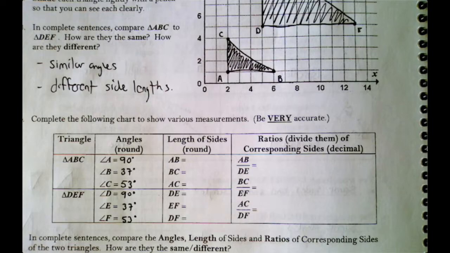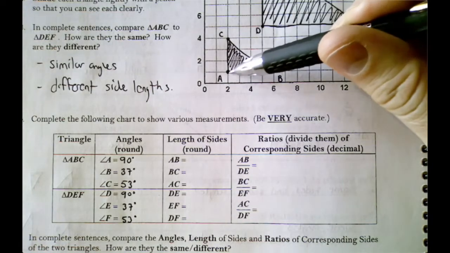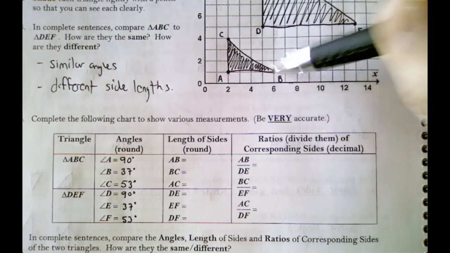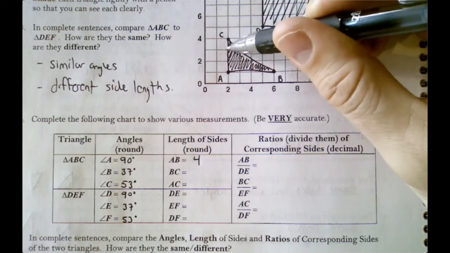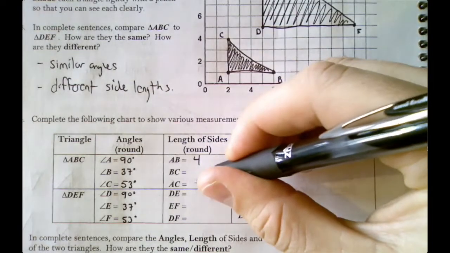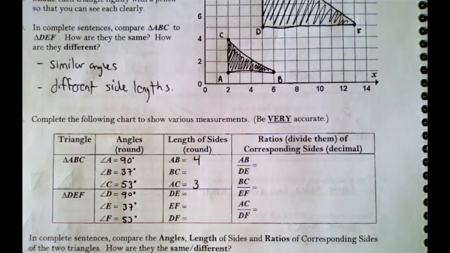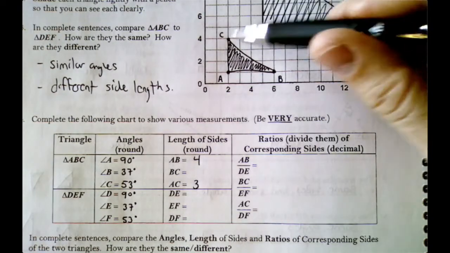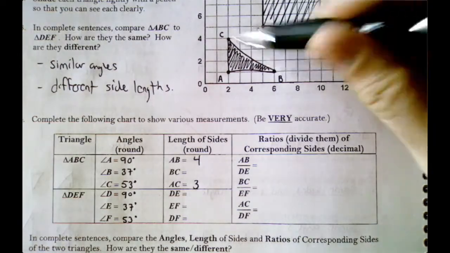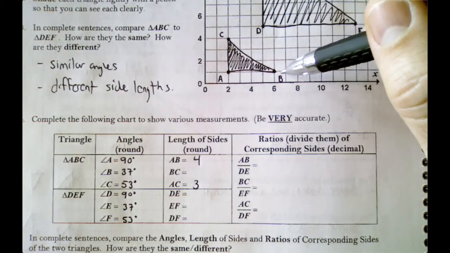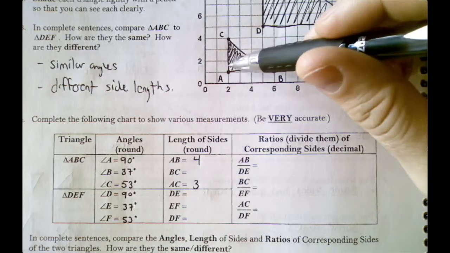The side lengths are different though. Like A to B, if we count 1, 2, 3, 4, we get 4 boxes. C to A, we get 1, 2, 3 boxes. And if we were to count C to B, we can't because it's on a diagonal here. But what we can do is use the Pythagorean theorem because we have a right angle triangle.